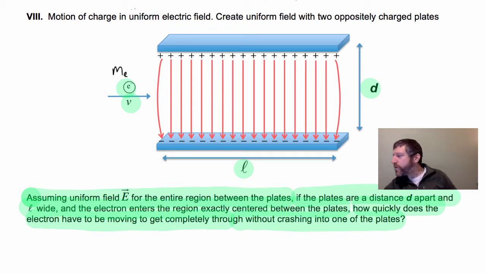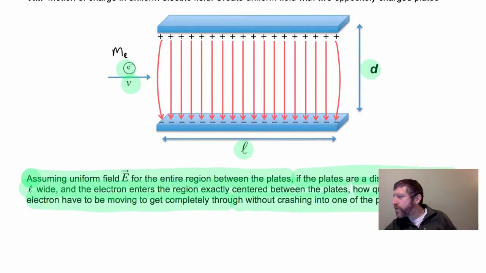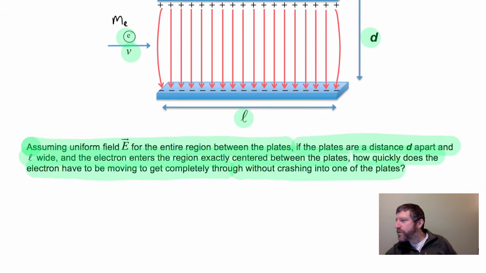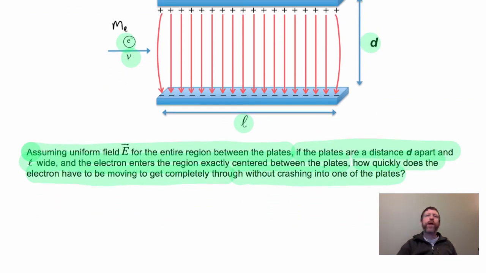So, as we'll see, this is in fact identical to a projectile motion problem. Now, we've got to be careful here, though. What is this electron going to do when it gets inside this field? You might say, oh, the field lines are pointing down. It'll accelerate and follow this path like that, parabolic. But we've got to be careful. This is an electron. Those field lines show the direction of force on a positive test charge.